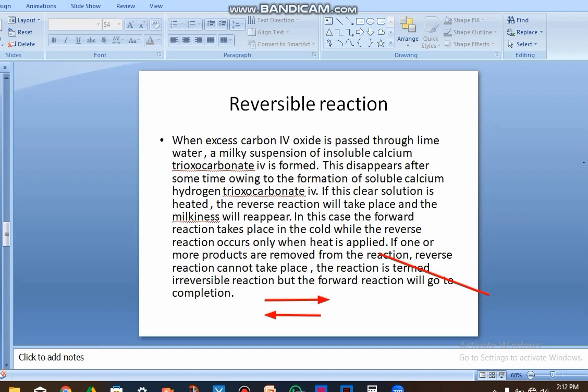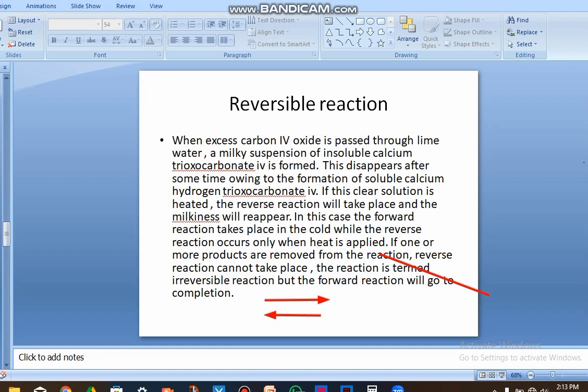But where one of them is removed from the solution, what will happen? It cannot come back again, because if two products are formed and one of them is removed, how will the remaining product react again? It cannot react again, because it needs another product to react with it to form the reactant.